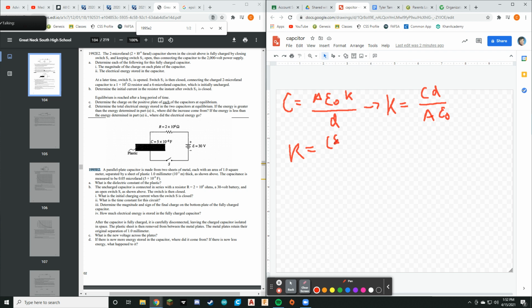Then we just plug in our values. So capacitance is given 5 times 10 to the negative eighth farads. Our distance between the plates is 1 millimeter, which is 1 times 10 to the negative third meters. The area of a plate is 1 square meter.